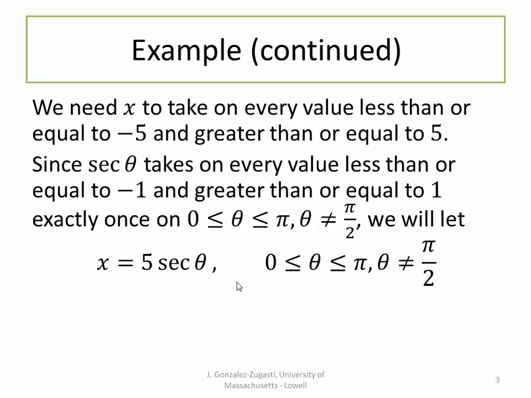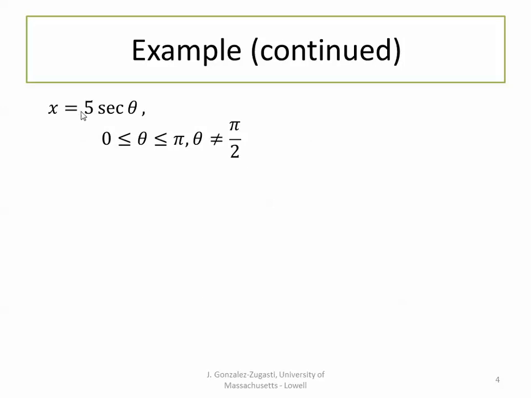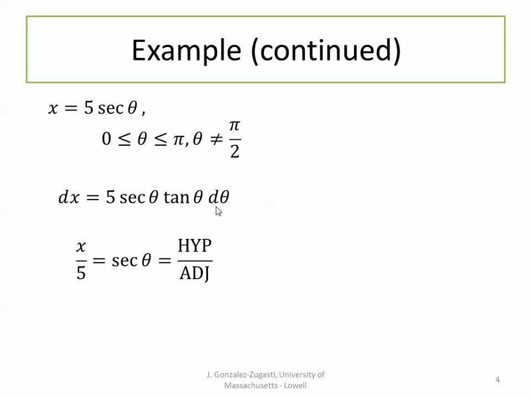All right, so now that we've decided to do that, let's go ahead and set up the substitutions we're going to make and our reference triangle. So we said that we're going to let x equal 5 secant theta. That means dx is going to be equal to 5 times the derivative of secant, which is secant theta tangent theta d theta. Solving this equation here for secant theta, we get that secant theta is equal to x over 5.